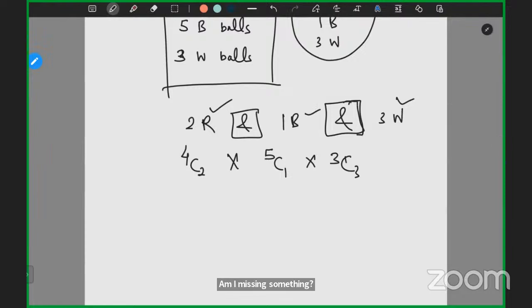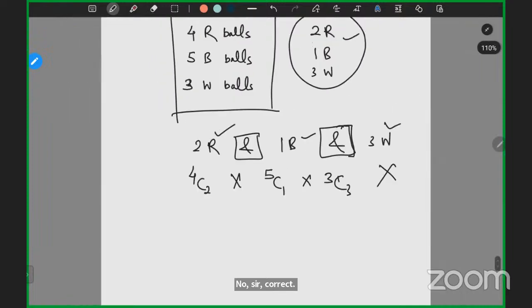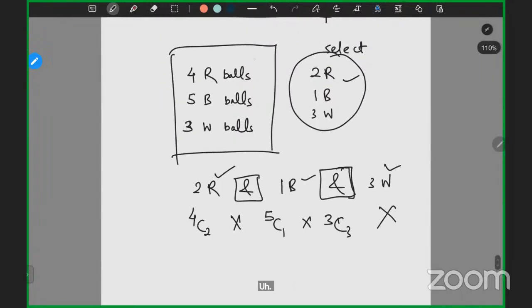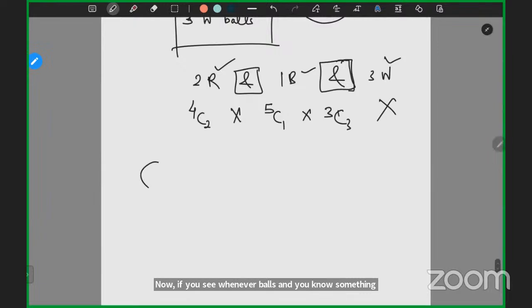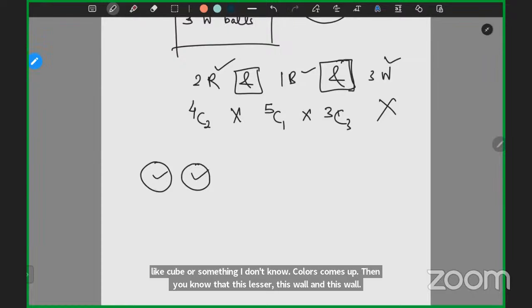No, sir, it's correct. Okay, so it is incorrect. I'll tell you, sorry for that, but I always said distinct objects. Now, whenever balls or cubes or colors come up, then you know that this ball and this ball are the same. How would I know that this is different from this? There's no way, sir.